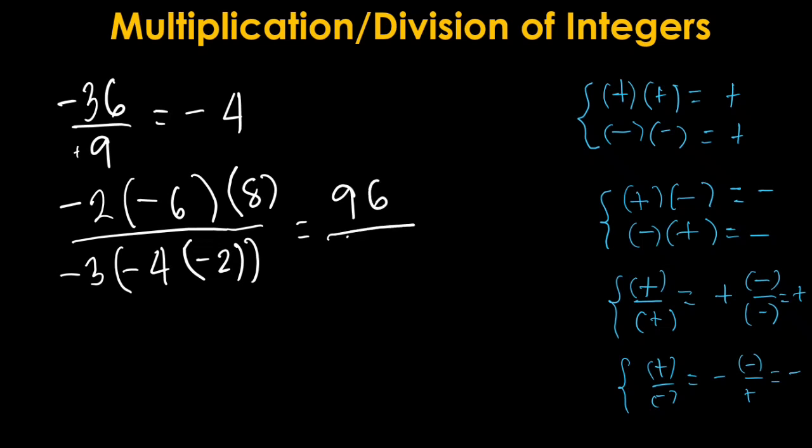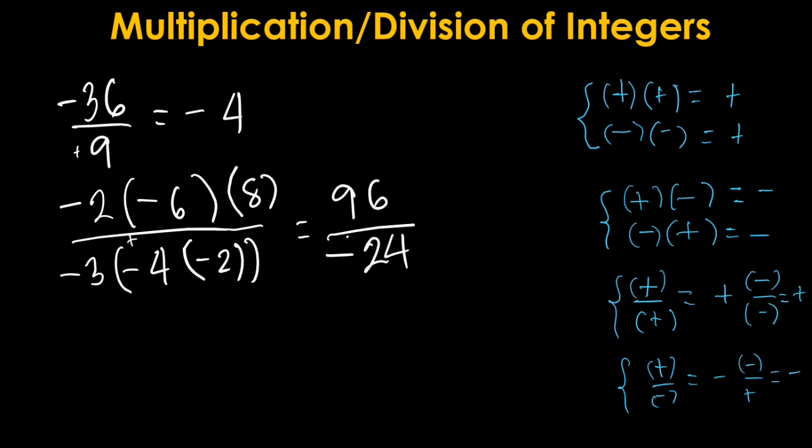And here, since these are all multiplication, you can multiply the sign: negative times negative is positive, and positive times negative is negative. 3 times 4 is 12, times 2 is 24.